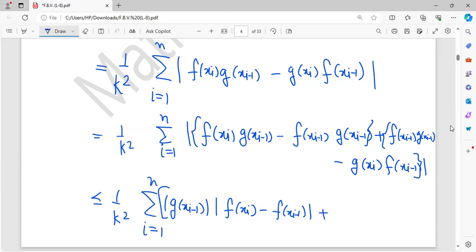And what can I take common here? f(x_{i-1}), and that is g(x_{i-1}) minus g(x_i).